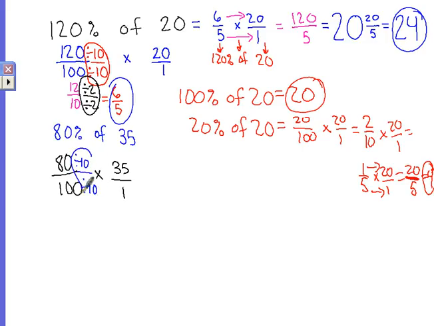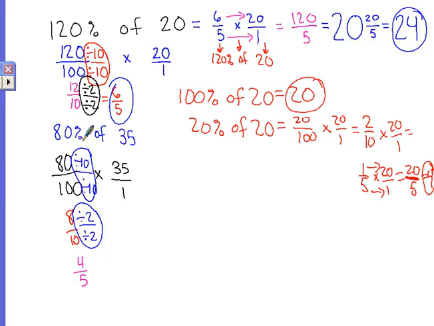Actually dividing it by 10 over 10, or a value of 1. So 80 hundredths becomes 8 tenths. Now 8 tenths, two even numbers, both divisible by 2. Again, I'm dividing it by a value of 1 whole because it's 2 over 2. And I get a value of 4 fifths.